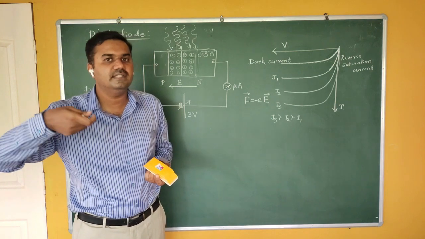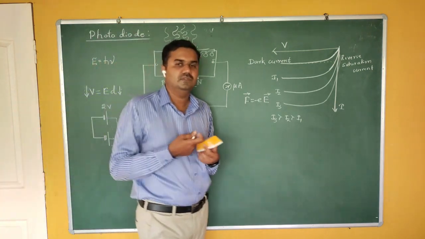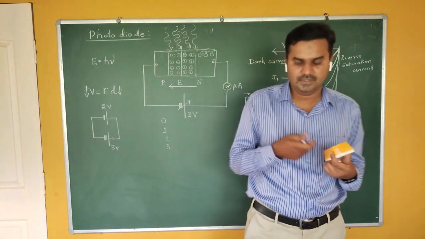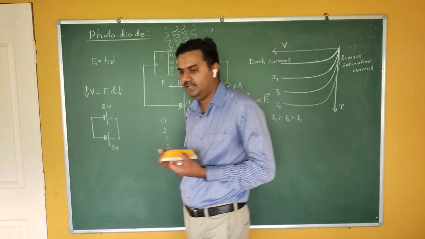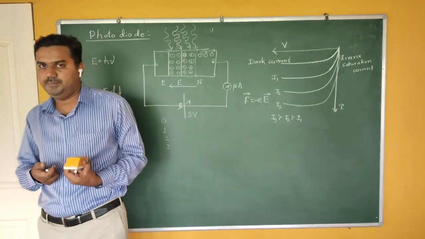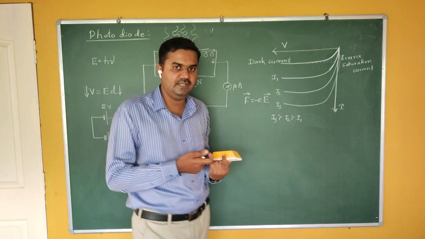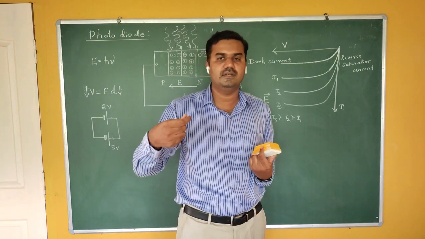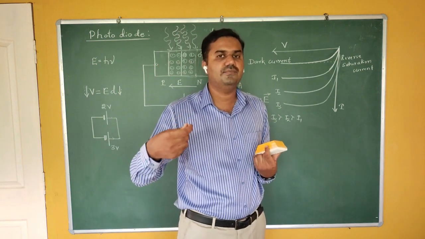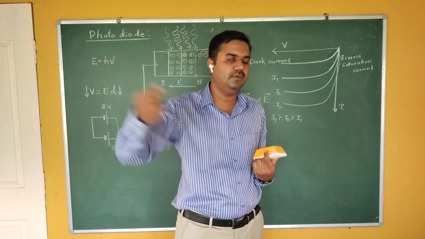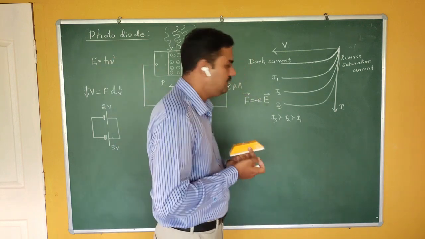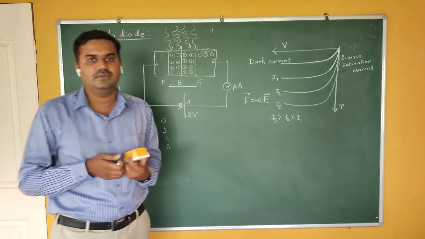It detects the light, which is IR radiation. We can't see it because it is beyond the red, visible region. But that diode detects the infrared radiation and our TV turns on. That's the best example of a photodetector diode.